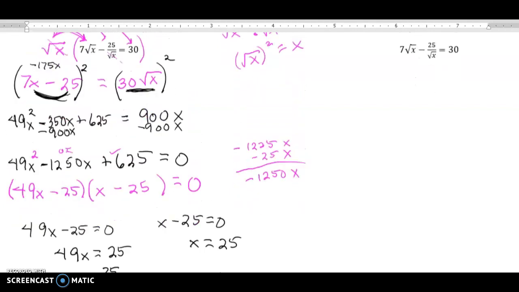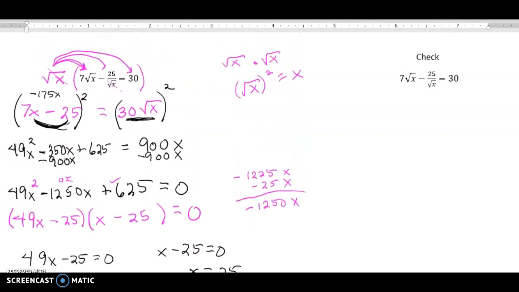So let's try 25/49 first. So we have 7 times the square root of 25/49 minus 25 divided by the square root of 25/49, and it's supposed to equal 30, so we will see. So this is 7/1 times 5/7.